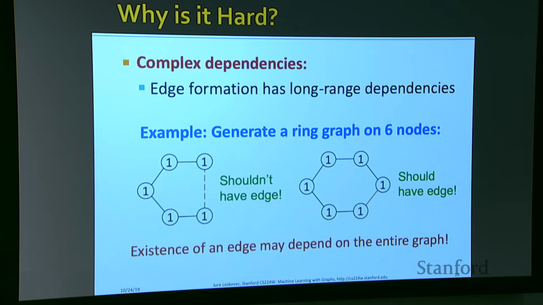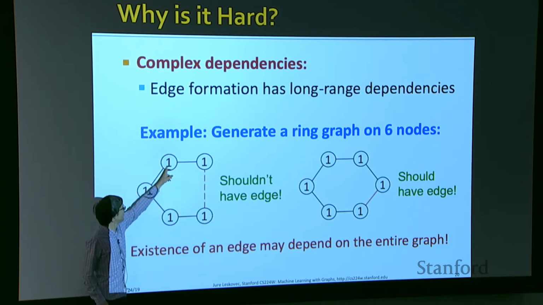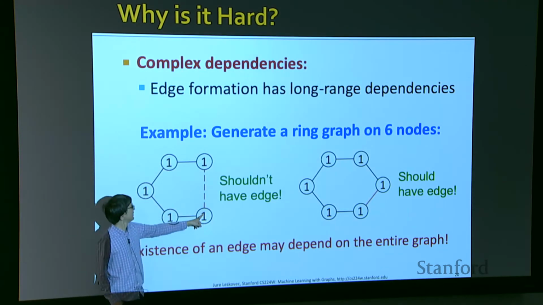And another reason why this is hard is that you need to have long-range dependencies, right? If I would like to generate a cycle on 6 nodes, and let's say I generate it step by step, then I would start here, and then here I say, oh, link back, link back, link back. But here I say, aha, you must not link to this guy.